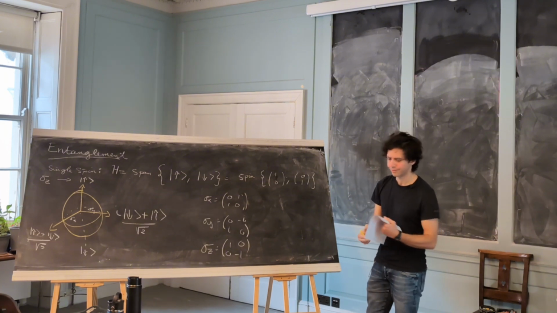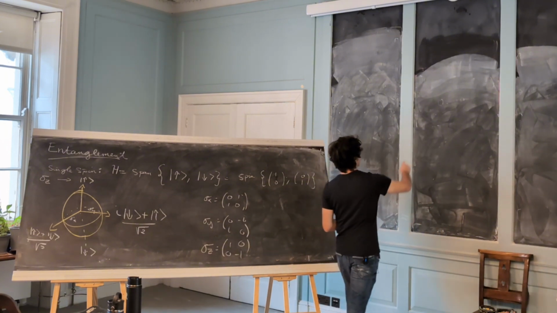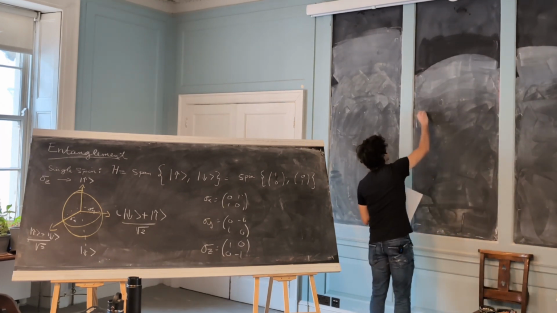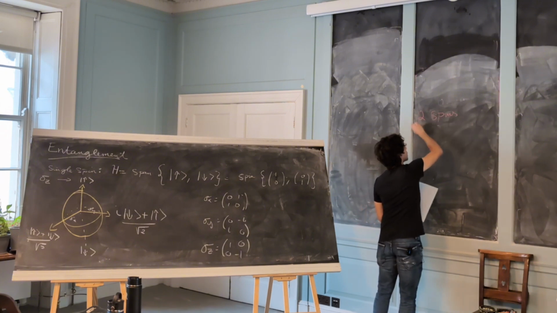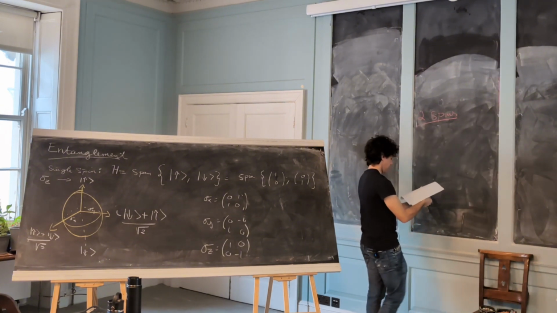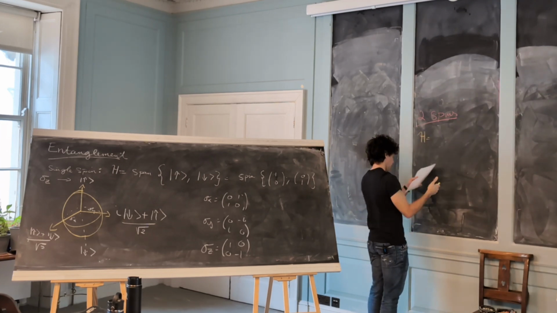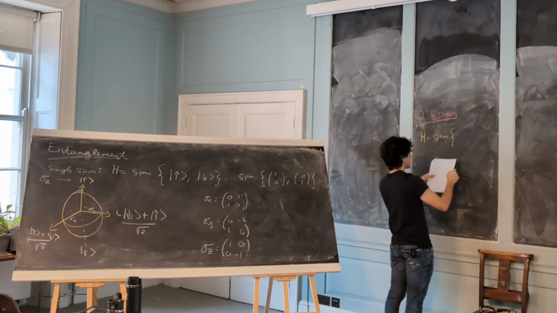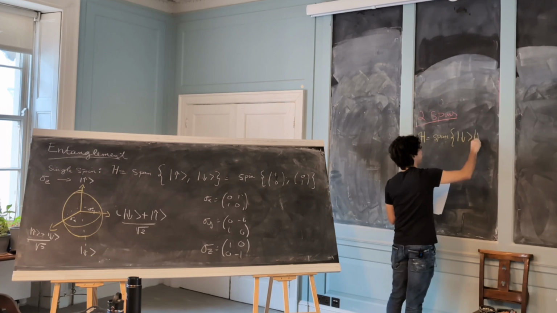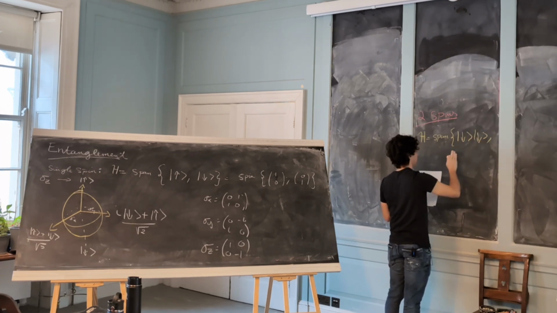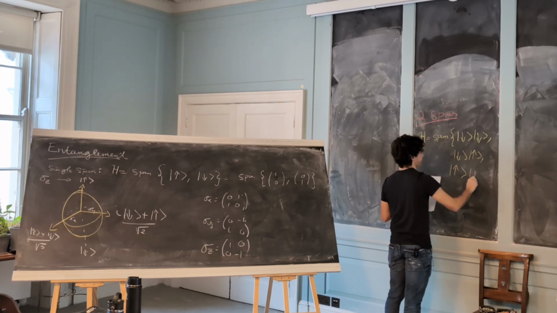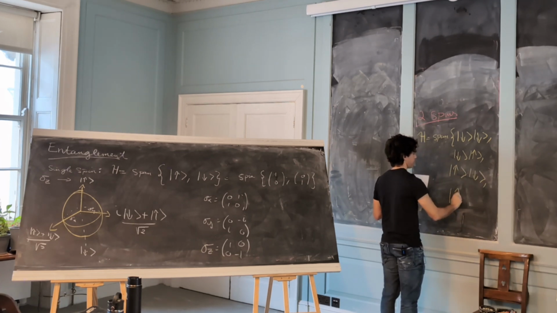So you have two spins now. Okay? So now when I have two spins, now my Hilbert space is the span of, and I'm going to work in the sigma z basis, down down, down up, up down, and up up.